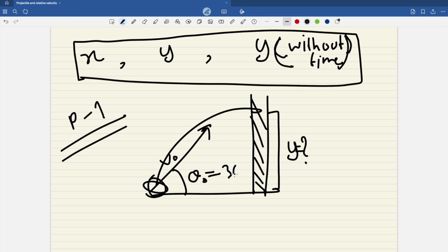I know the theta, I know the velocity, I know these parameters, but can I get this y actually?